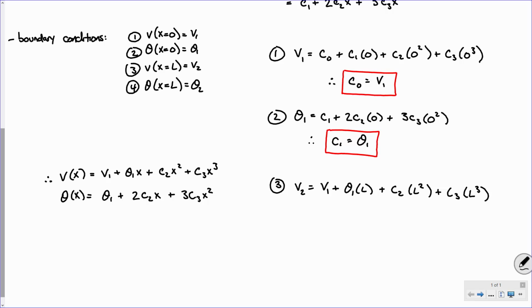Is that a fair statement? So could I rewrite that as follows? Could I say that C2 L squared plus C3 times L cubed equals what? V2 minus V1 minus theta 1 times L. Would that be a fair statement?